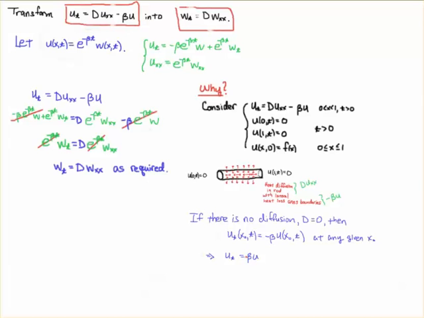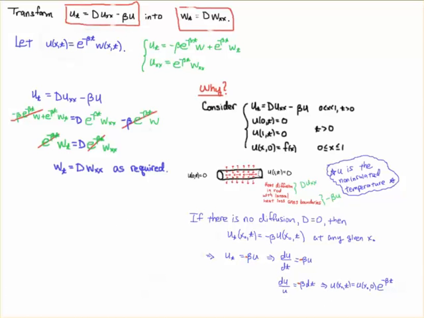Now we're going to solve this as an ODE, and we're just going to view it as du/dt equals minus beta u, and of course, that means that u is equal to e to the minus beta t.